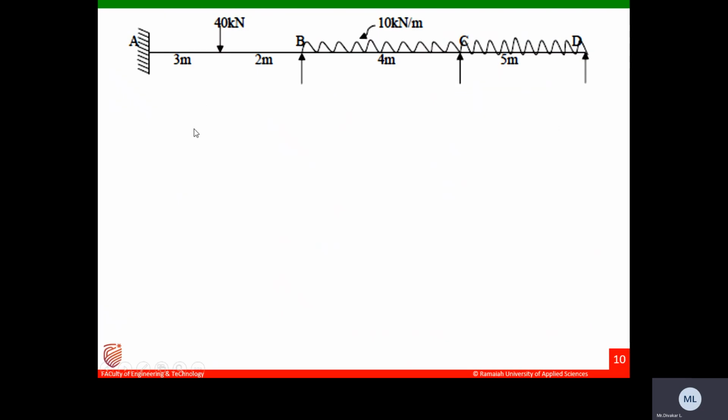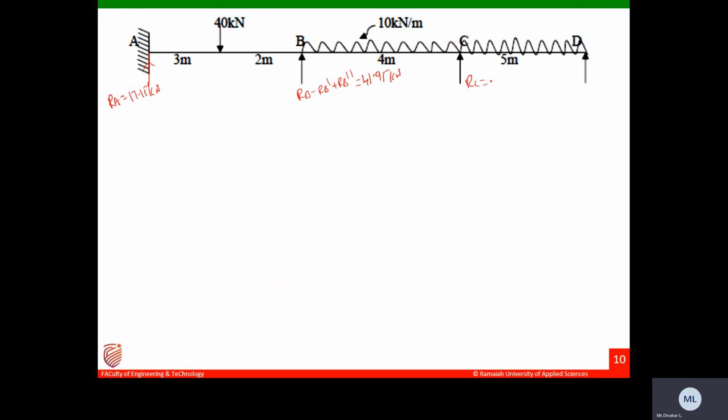Now you already calculated. Here I got RA equals to 17.15 kilonewtons. Similarly, RB will be RB dash plus RB double dash, so we got 41.95 kilonewtons.